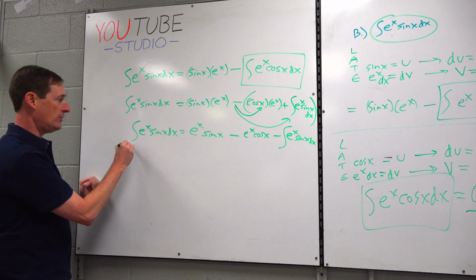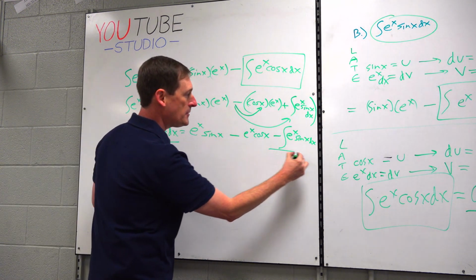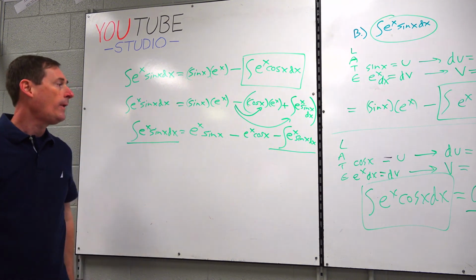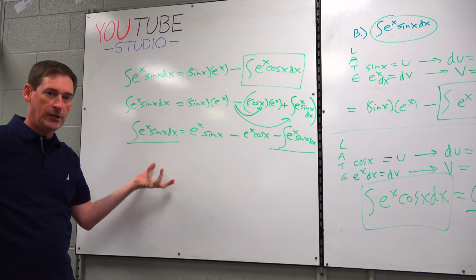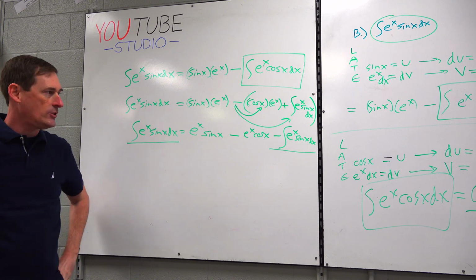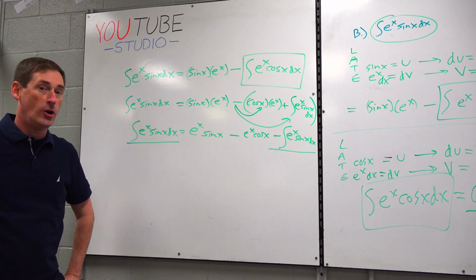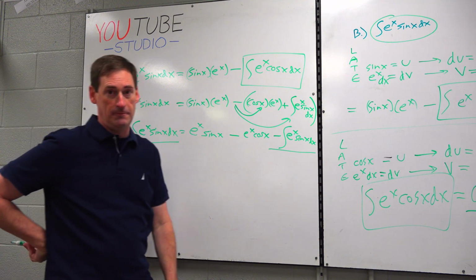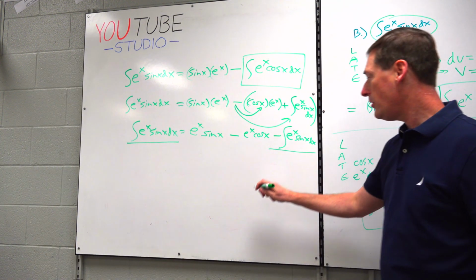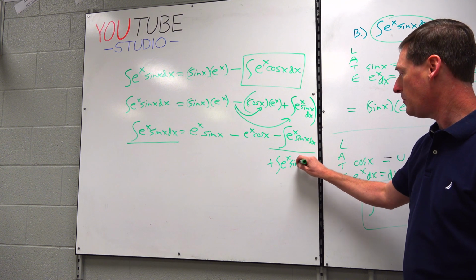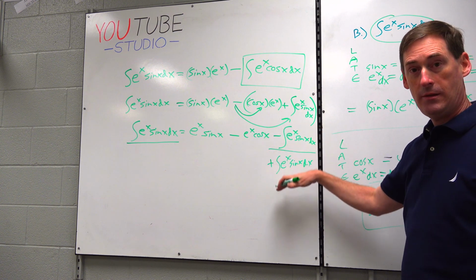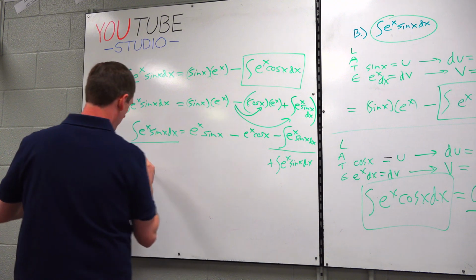All right, so here's the original. Here it kind of pops up again, but in a negative fashion. I need to try to solve this. I need to solve for the integration of e to the x sine of x dx. If anybody's thinking this at home, you are super duper clever. If you could add this expression to the other side.